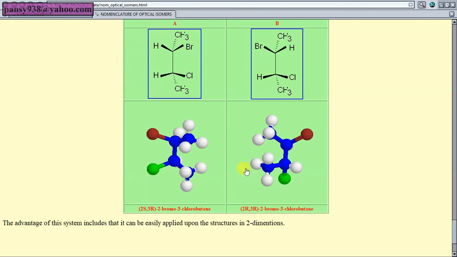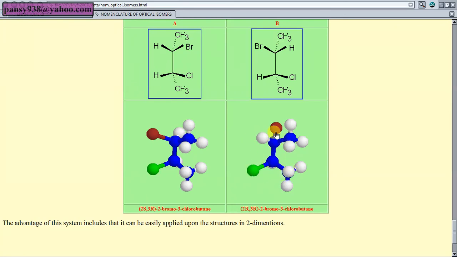And in this isomer, hydrogen is now at the back side. This is the highest preferred, then this carbon stands second in priority, and this one is third.